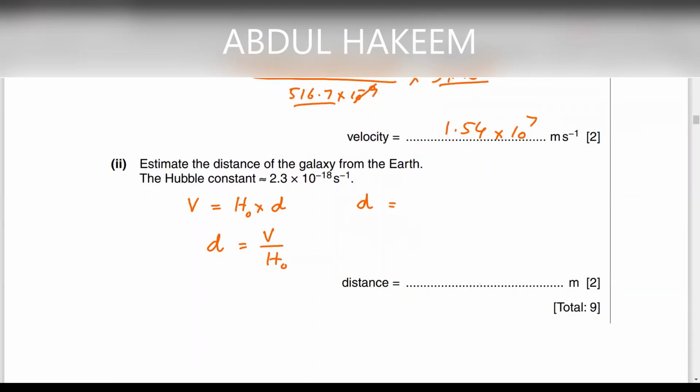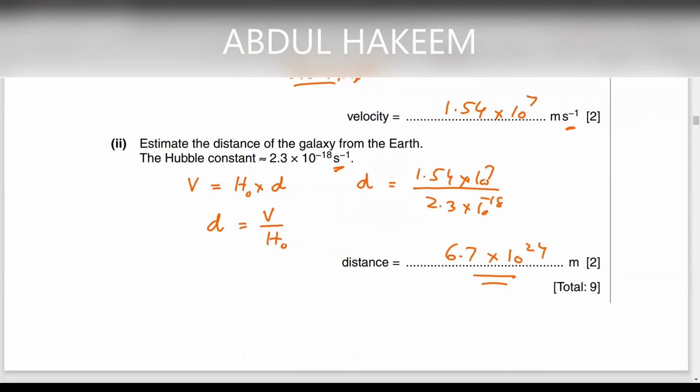So D is equal to 1.54 into 10 power 7 divided by the Hubble constant, 2.3 into 10 power minus 18. It's given in seconds, no need to change it, and the speed is also in seconds. So the distance will be approximately 6.7 into 10 power 24. So this is another question.